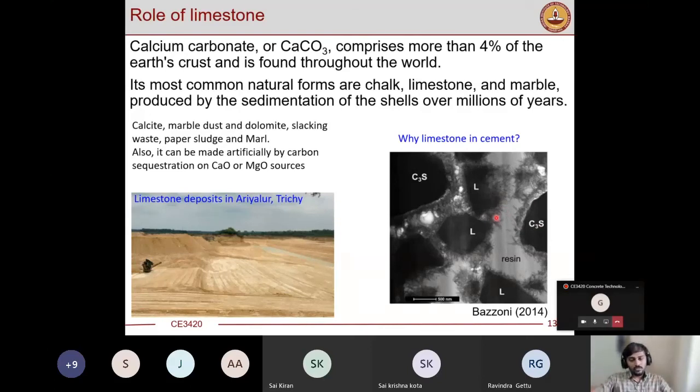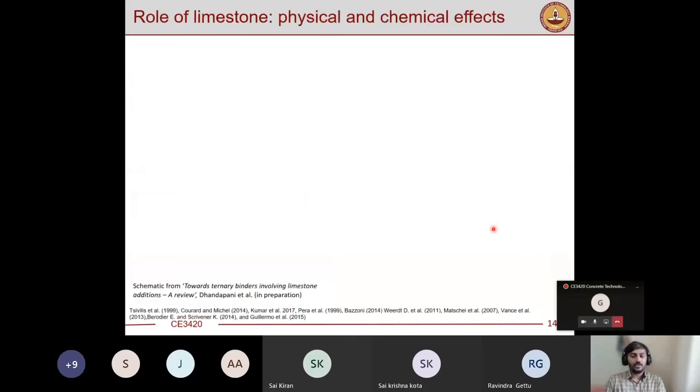What it does is it leads to heterogeneous nucleation along the capillary region. For example, the interparticle region you can see here: if only cement grains are reacting, you will have CSH forming from here and bridging the region. Now that CSH is precipitating locally on limestone as well, the region gets bridged much faster, right?